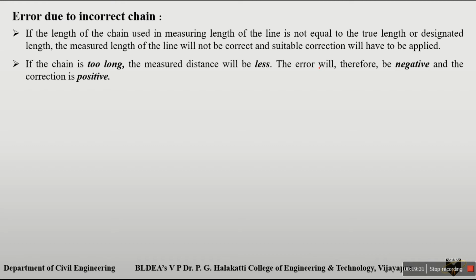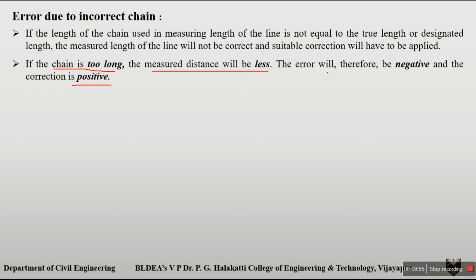In that condition, if the chain is too long, the measured distance will be less. So our error is negative and correction is positive. Remember that.